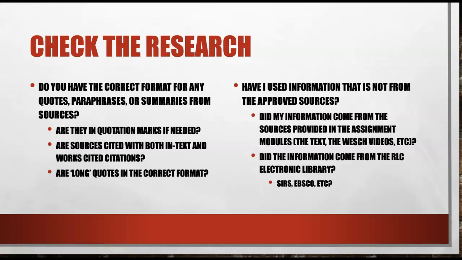And that's where I did see a lot of errors in the first essays, in the sense that maybe you gave the reader a quote, maybe you just gave them a statistic that you were paraphrasing, but there's no citation there. There's nothing in the parentheses telling me, hey, look on the works cited page for Joe Smith's article. And then, of course, the works cited citations, are those correct as well and in the correct page format?